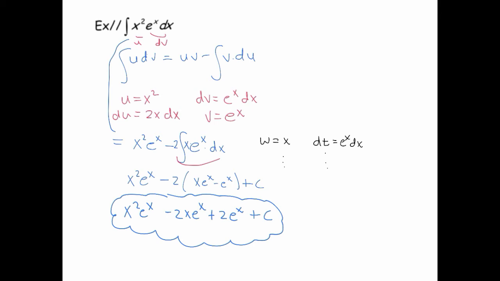You applied integration by parts. You got a new one that was the same method, but at least somewhat less hard because you knocked that degree down by 1. Of course, if this was x to the 5th e to the x, we certainly don't want to apply integration by parts over and over. That's why I'll show you a different method that would be applicable to this type of problem.